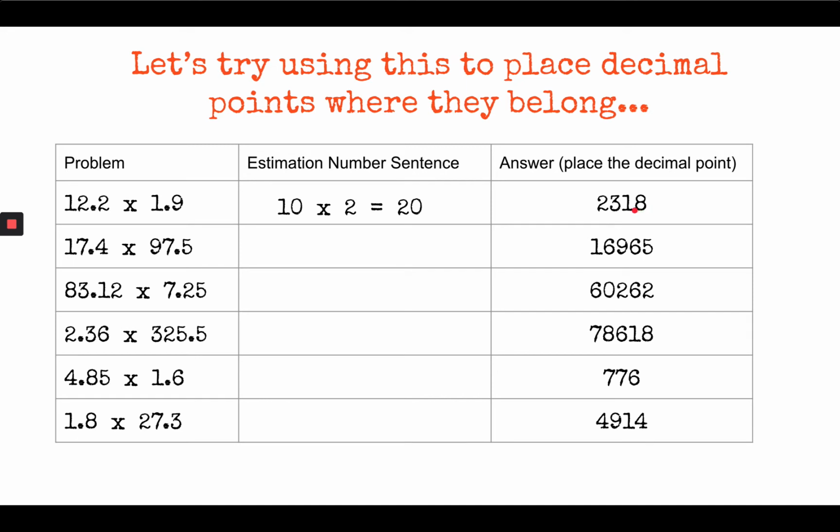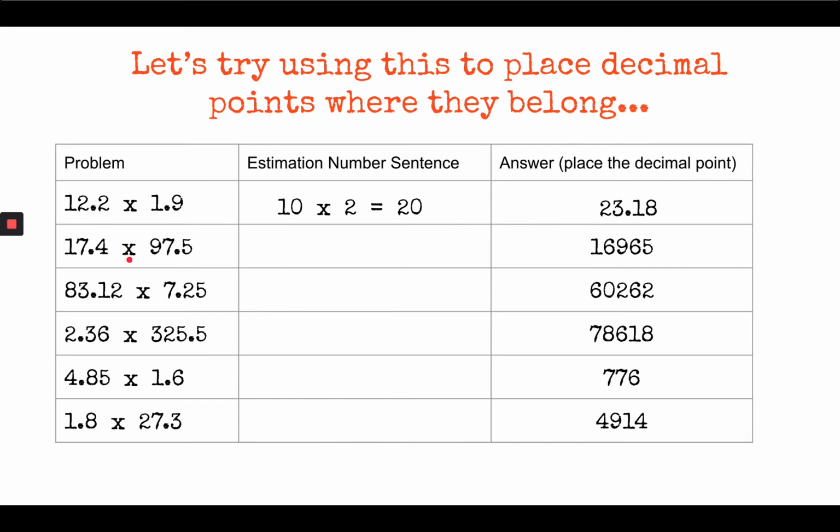If I put it here, it would give me 231, which is not close to 20. What about if I put that decimal here? 23.18. Isn't 23.18 pretty close to 20? Yes, it is. There's that decimal there. So do you see how I used my estimation to figure out where my decimal goes? Let's try another one.